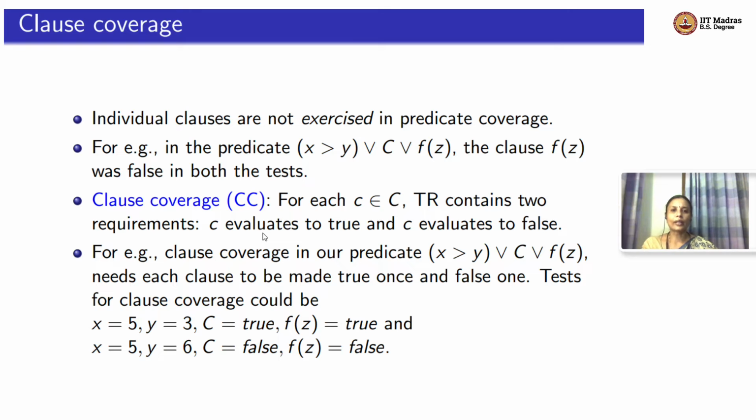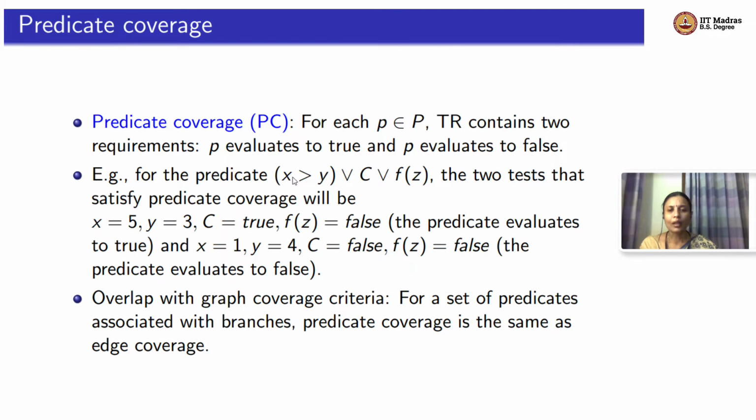Now let's look at it. If you see predicate coverage, you take this example that we just saw in this slide here. Consider how many clauses does this predicate have? Three clauses: x greater than y, c, then f of z. Now if you see in this case, first part in the predicate coverage becoming true, the first clause evaluated to true, x greater than y.